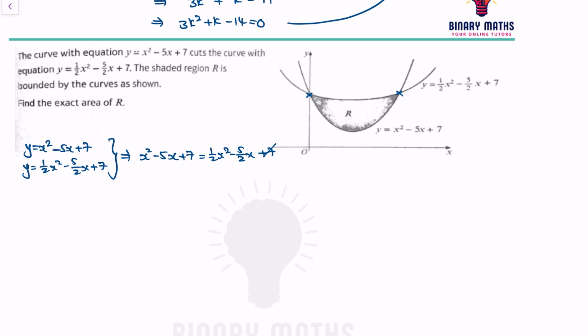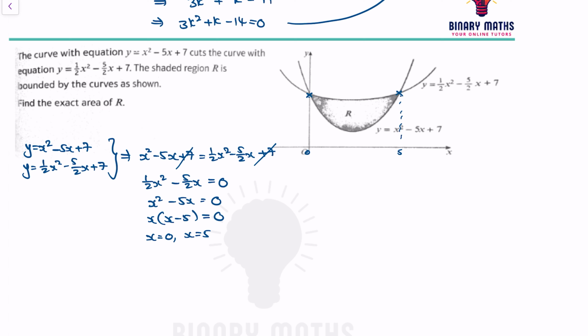So I can just cross these two out. X squared minus half x squared gives me half x squared, minus 5x plus 5 over 2x is minus 5 over 2x, which is equal to 0. I can times by 2, so I get x squared minus 5x is equal to 0. Now I factorize it, I get x times x minus 5 is equal to 0, which means x equals 0 and x equals 5. So that means there is 0, that is 5.